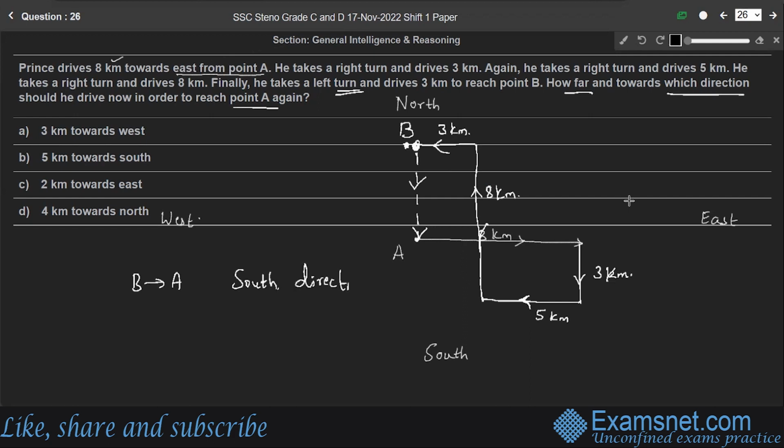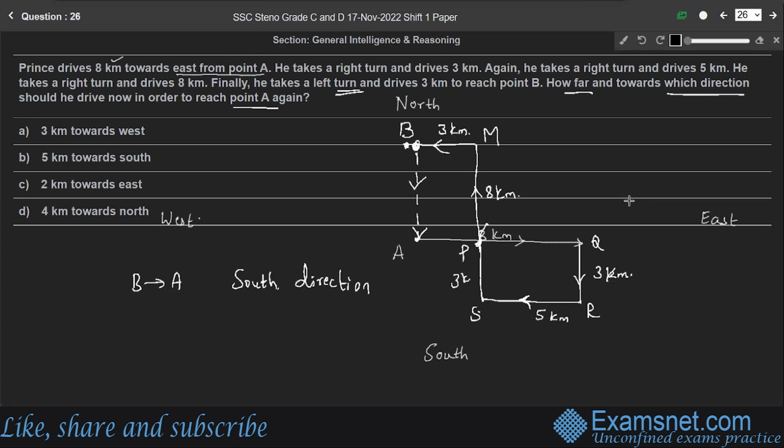And how far? So what is this distance from B to A? For that, we'll consider the paths he has traveled. If you consider P, Q, R, and S as the points where he stopped, and let M be another point, here QR is equal to PS.